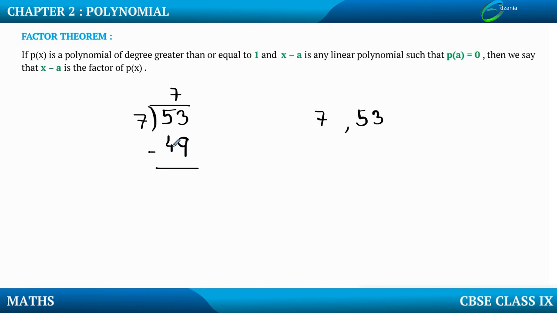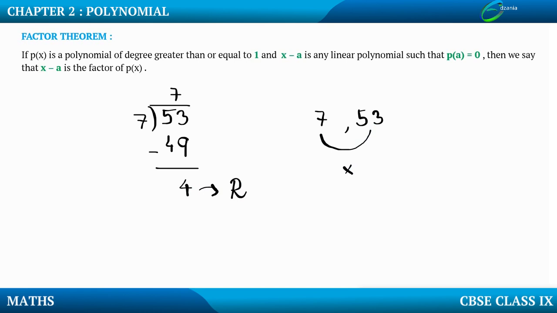And if we subtract further, 53 minus 49 is 4. So this 4 is nothing but the remainder. So since the remainder is 4 and not 0, we say that 7 is not a factor of 53.